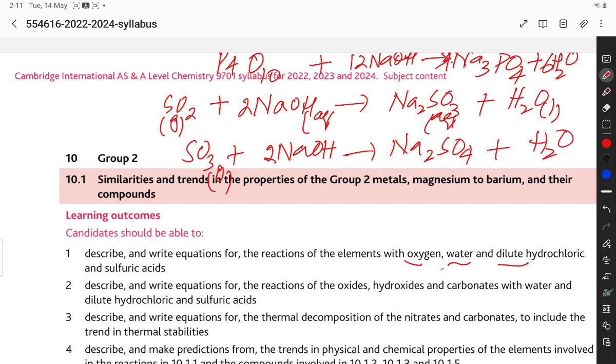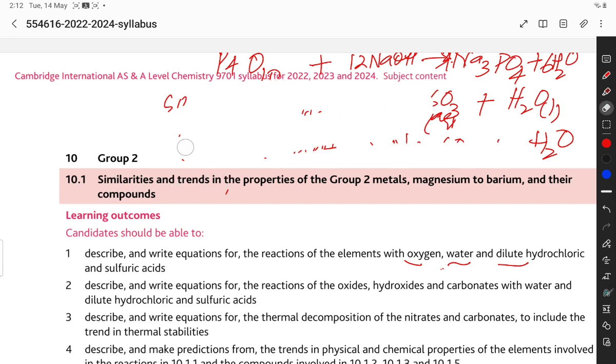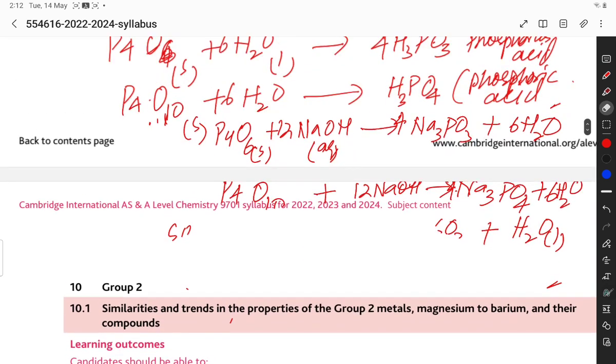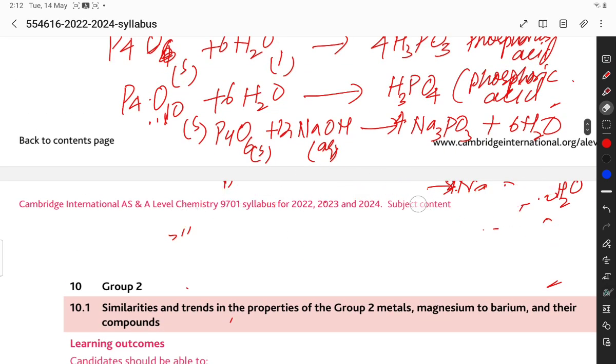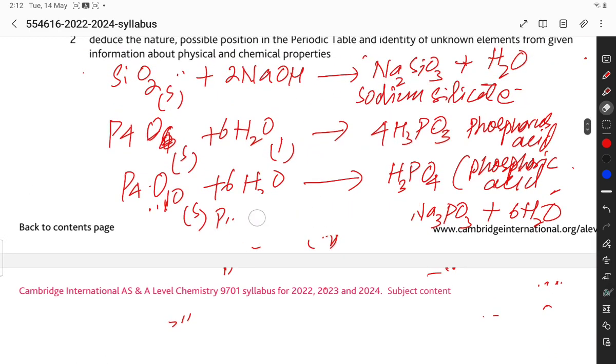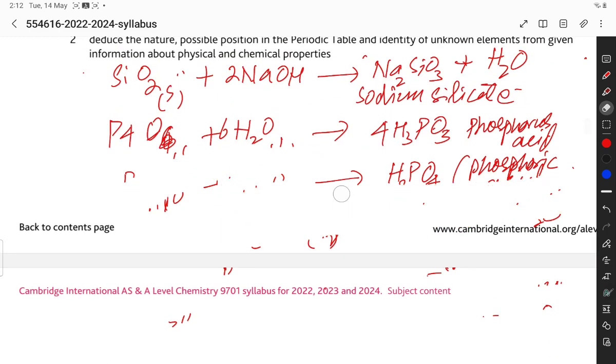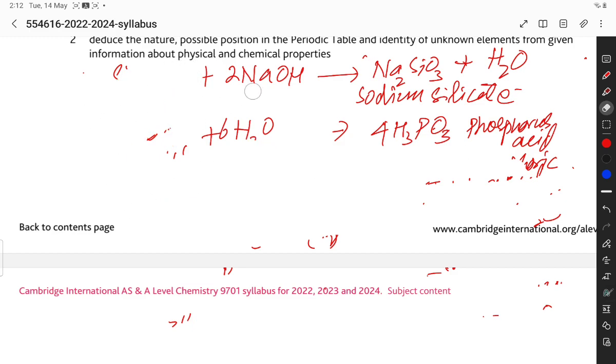So these are the reactions of oxides with acids as well as with water. These are the reactions in the context of the syllabus, and you should know them.